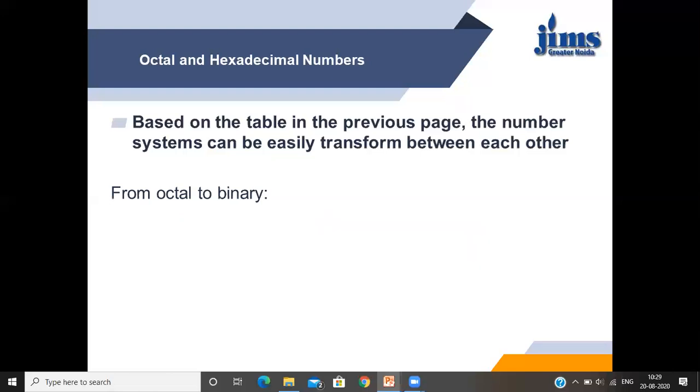Now how do we convert an octal number into a binary number? The process is reversed. You are given an octal number and you have to find its equivalent binary number.